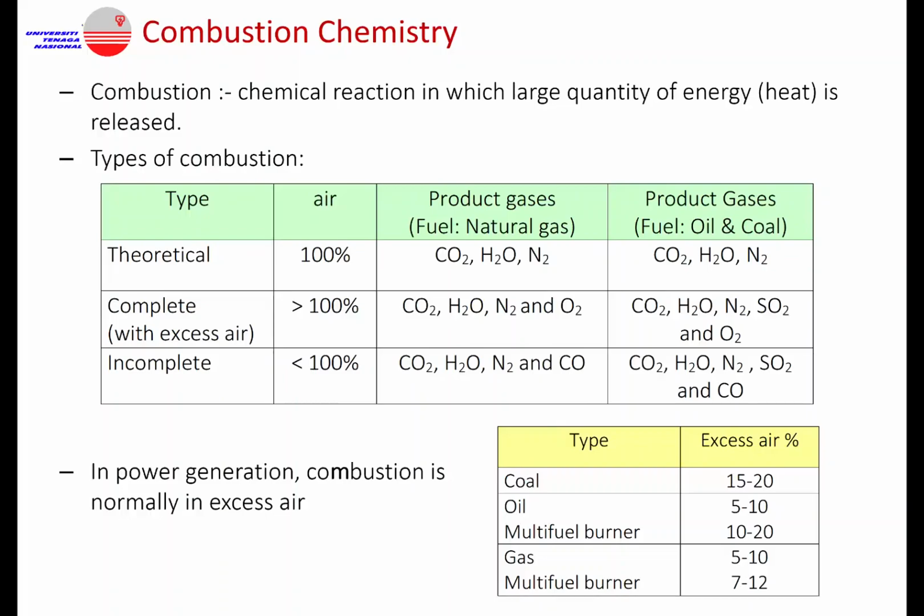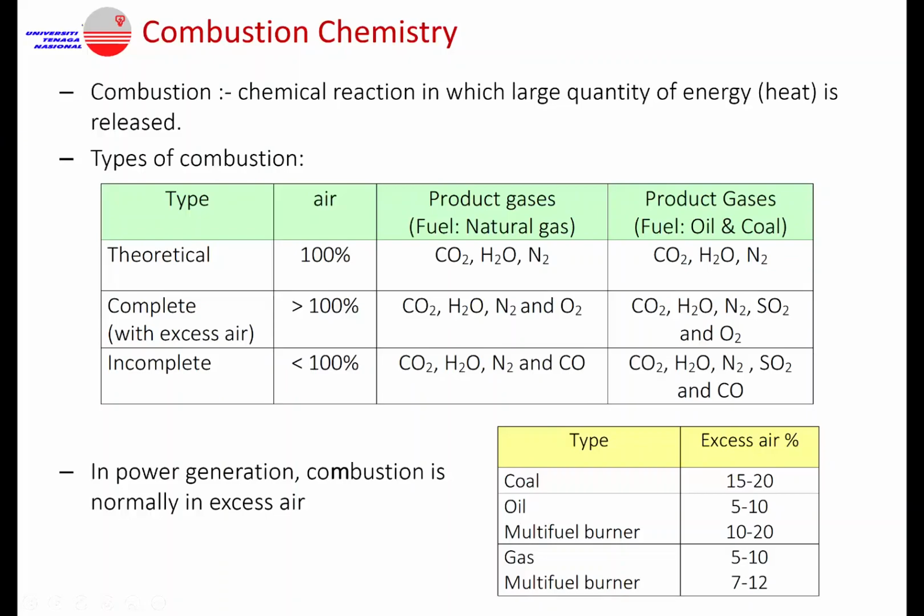And by the way, before I proceed further, the product of combustion or the product gases, it depends very much on the types of fuel that we are using. So in this topic, we are focusing on hydrocarbon fuel or carbon-based fuel. Okay, either we have coal, oil, or natural gas.